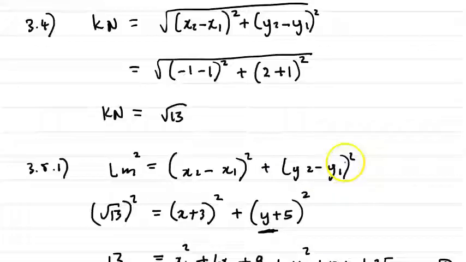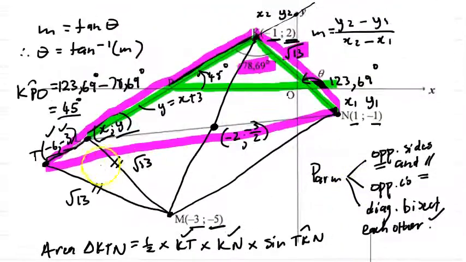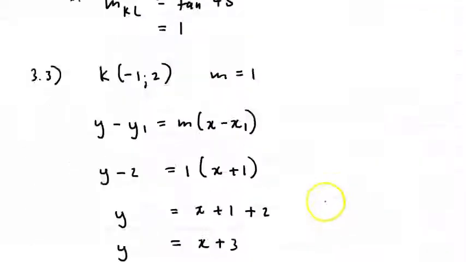sine. We're using the area rule for a non-right angle triangle. Sine of TKN, which is going to be 78.69 degrees.